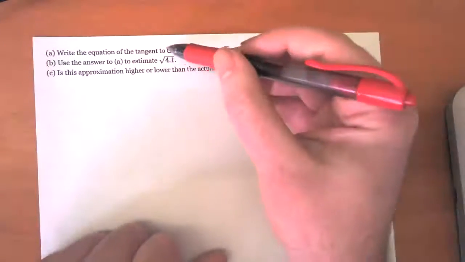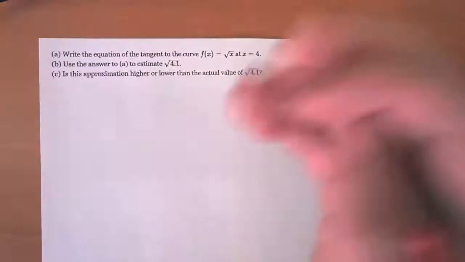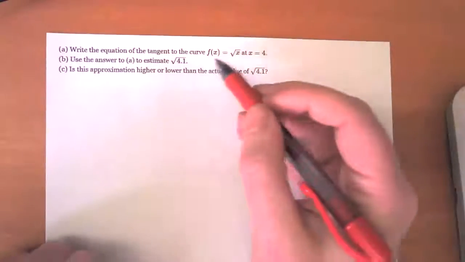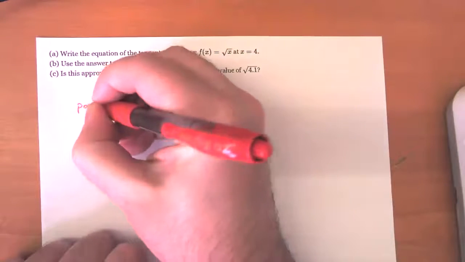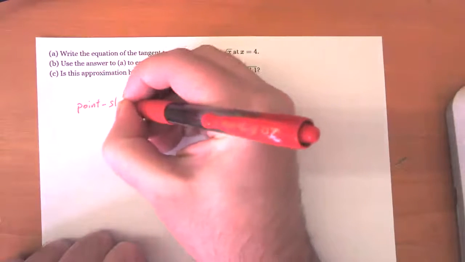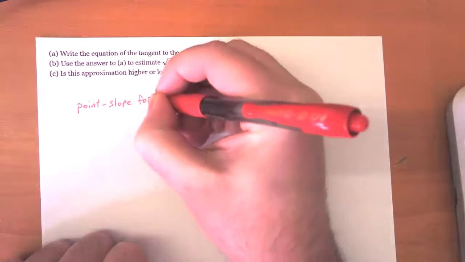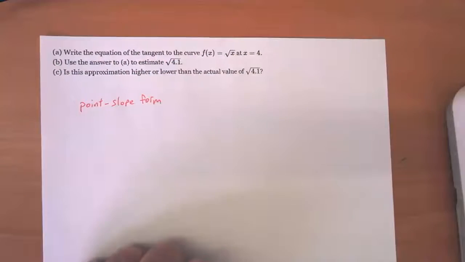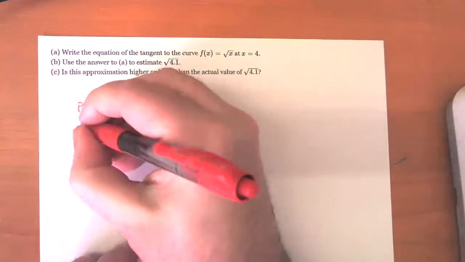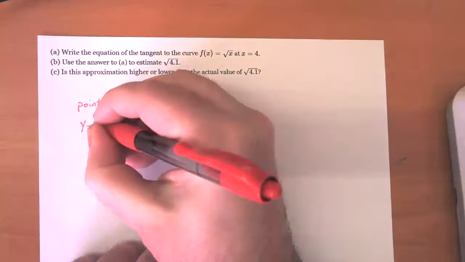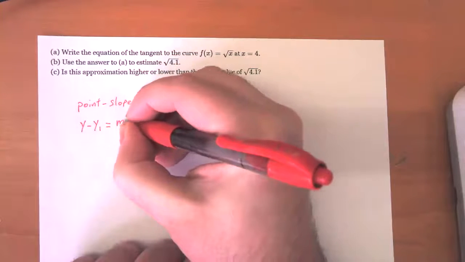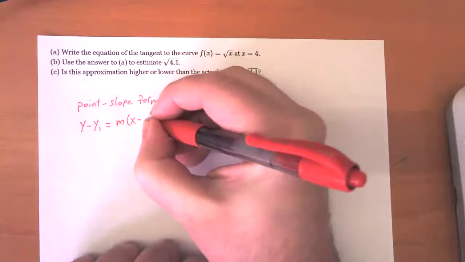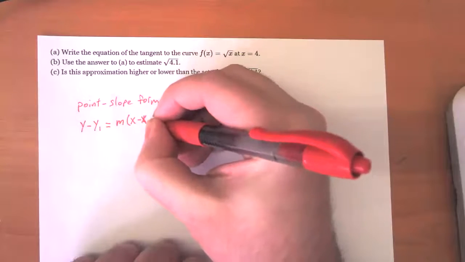So let's do the first step first, writing the equation of a line. What we're going to use for this equation is the point slope form of a line. And this is one of those things you learned in probably geometry. The point slope form of a line is y minus y1 is equal to m times x minus x1.